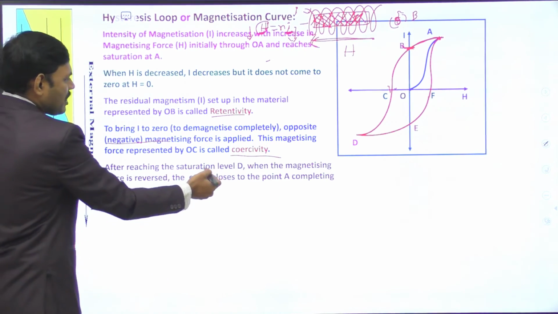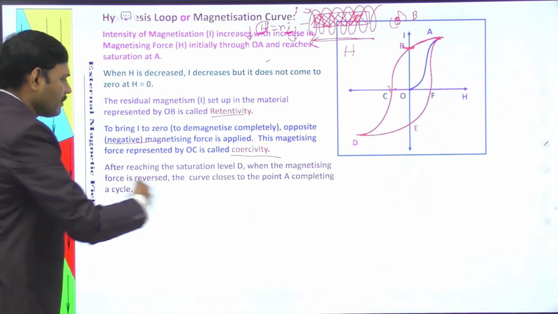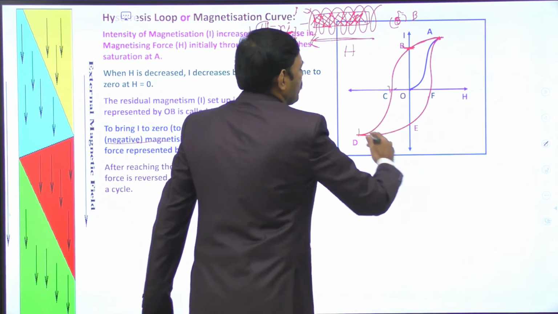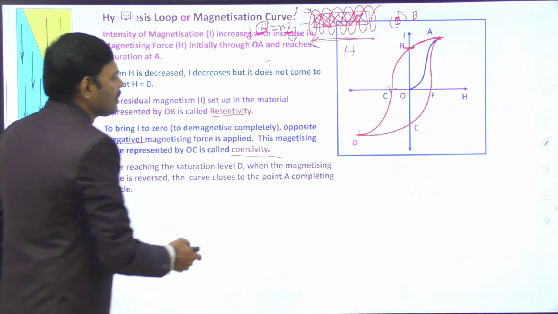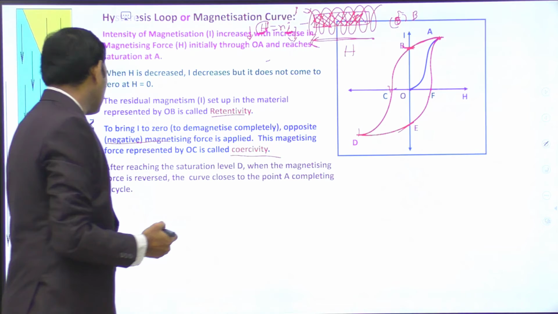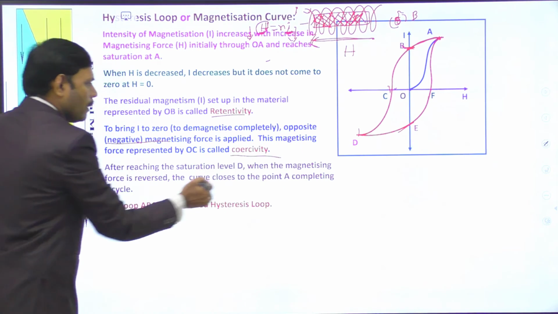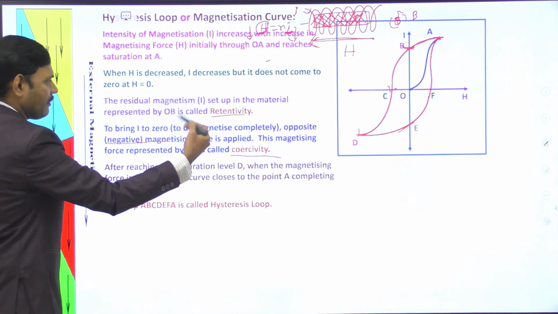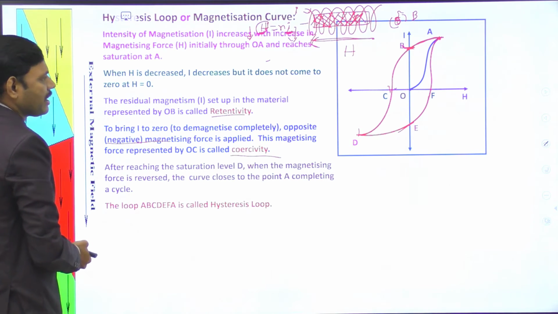After reaching the saturation level D, when the magnetizing force is reversed, we once again apply the magnetizing force in the positive direction, and the intensity of magnetization changes along the direction DEFA for the cycle. The curve closes at the point A, completing a cycle.